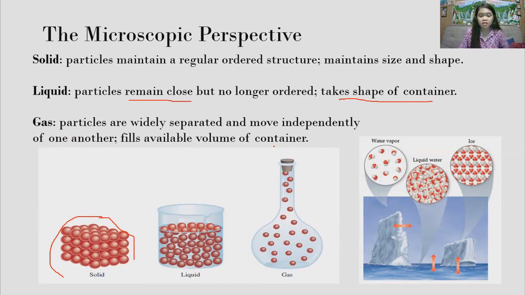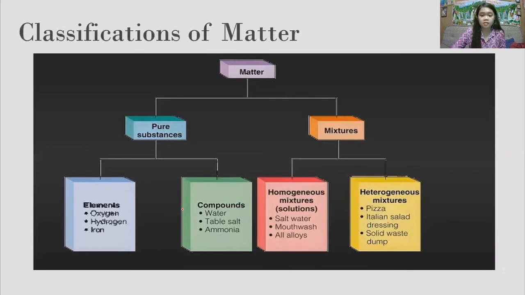The atoms and molecules are more spread out as compared to liquids and solids, but it's easier to compress them because most of the volume of the gas is composed of large amounts of empty space between the gas particles. So when the gas is compressed, the particles are forced closer together, and it's very easy compared to liquid and solid. Now we go to the different classifications of matter.